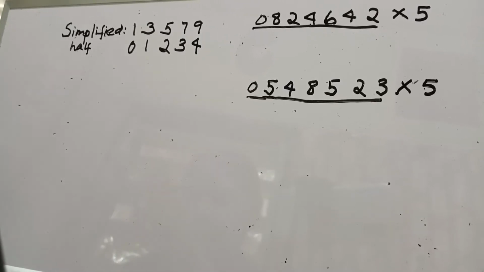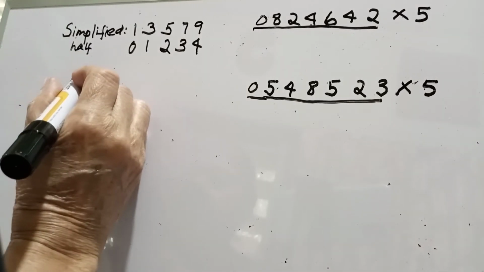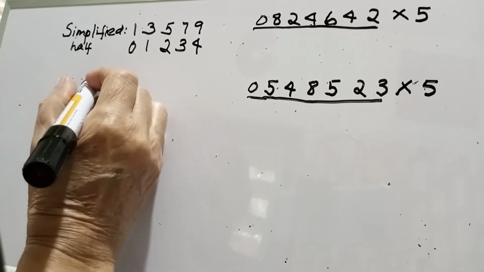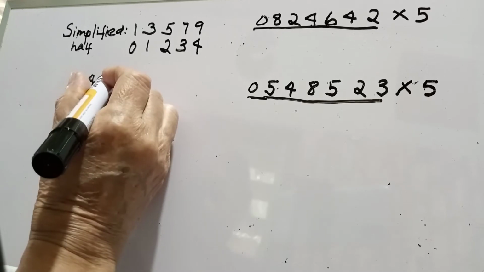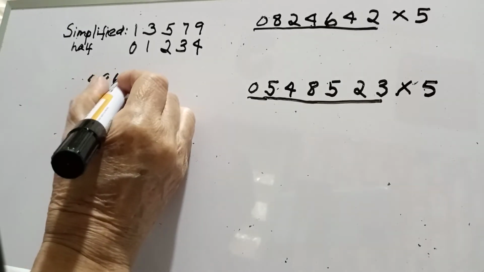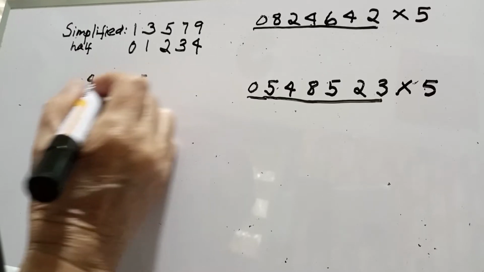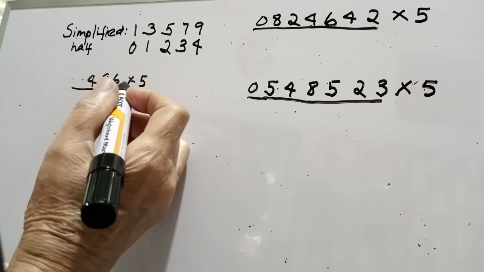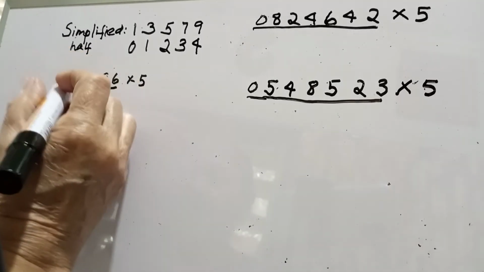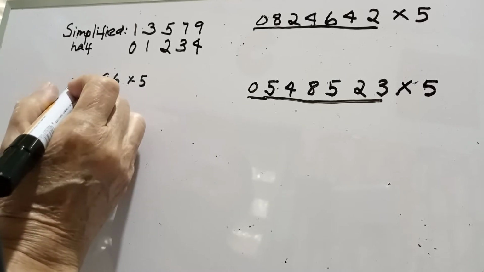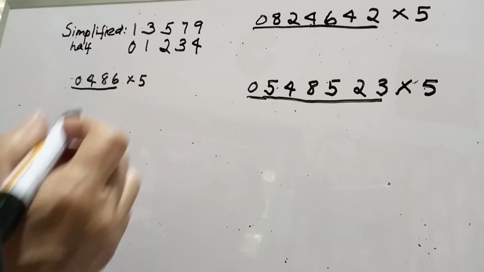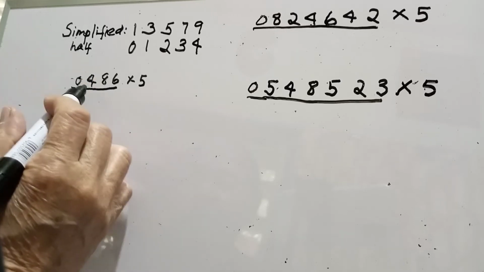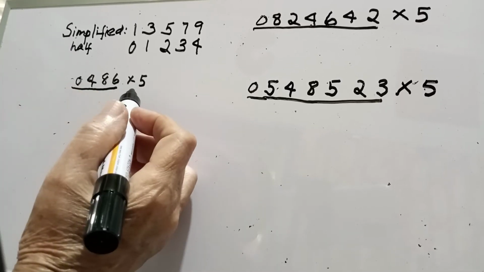Shall we say 4, 8, 6 times 5. Okay. Now remember in our earlier video that we have to write 0 before the first number, or before 4, to remind us that we shall not stop at 4 immediately, because each number in the multiplicand must be used twice.